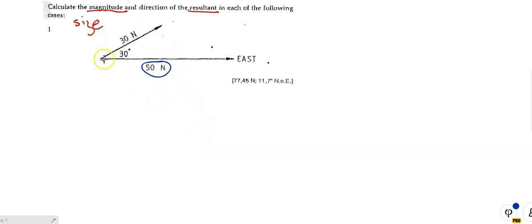If that's a pin, held stationary, and we've got a force acting that way and a force acting that way, what effect will these two forces have? Do you think a force will be acting vertically upward, leftwards, or downwards? No, I think a force is going to be acting somewhere sitting over like that. Let's call it R for resultant.